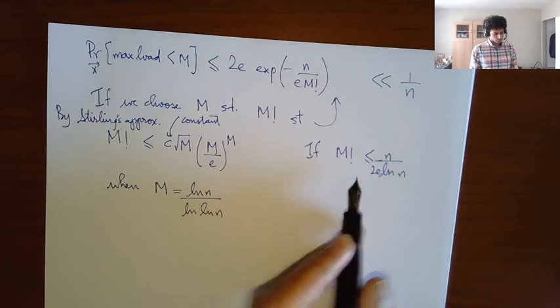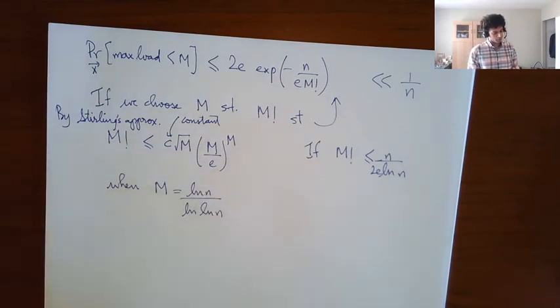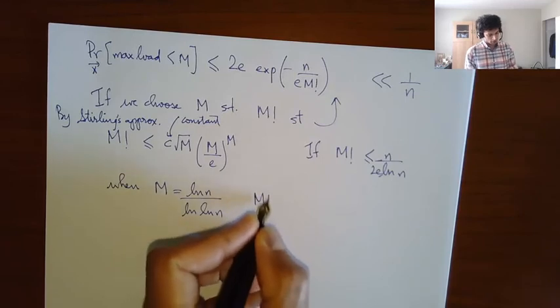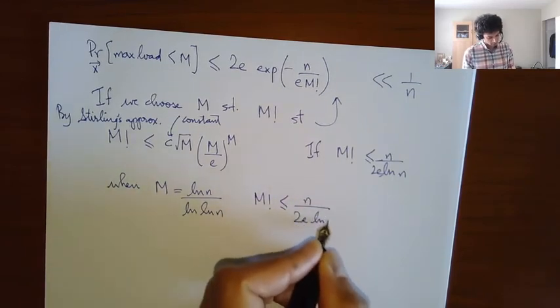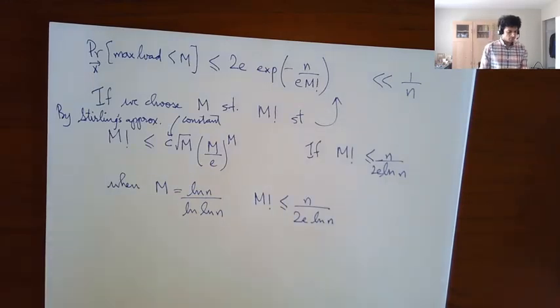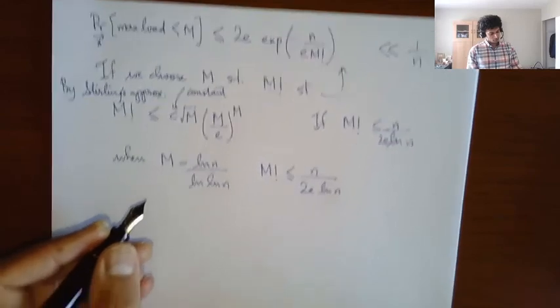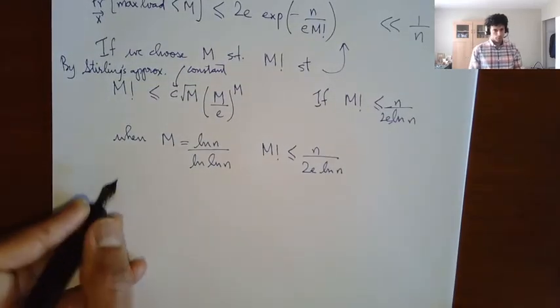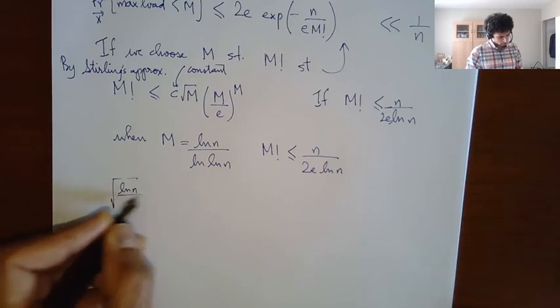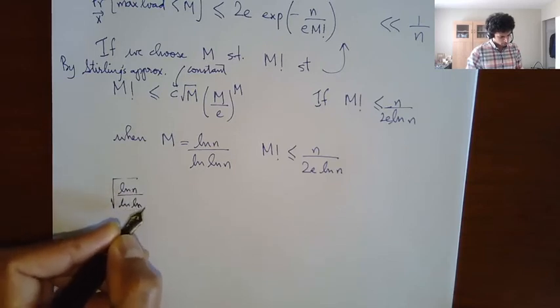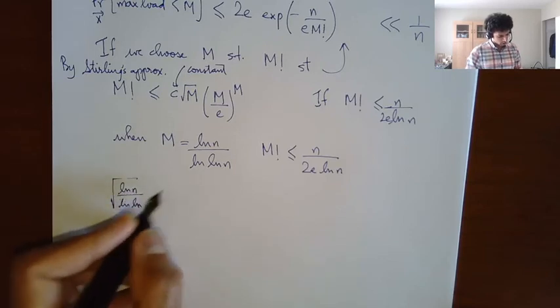And so all it takes is to verify that when m is equal to log n over log log n, then m factorial is going to be less than n divided by 2e log n. And you apply Stirling's approximation, and I'm not going to do the full math over here, but just to give you an indication of what's going on, it's going to be root log n over log log n.